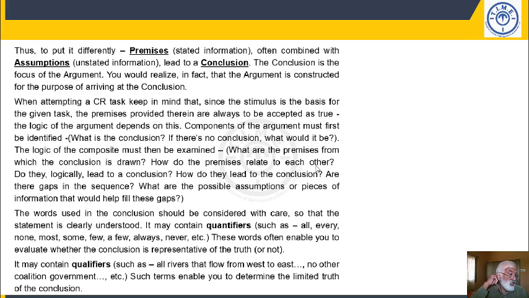So when you attempt a CR task, always keep this in mind, because the stimulus is the basis for the given task. The premises provided therein are always to be accepted as true. You can't say you're using that as a premise, but I know it's not the case. For instance, if I give you an argument that people really need to use abrasive materials to brush their teeth.